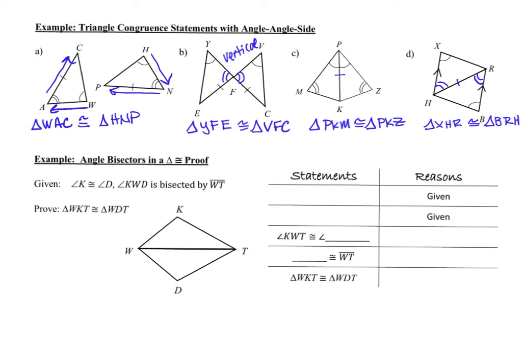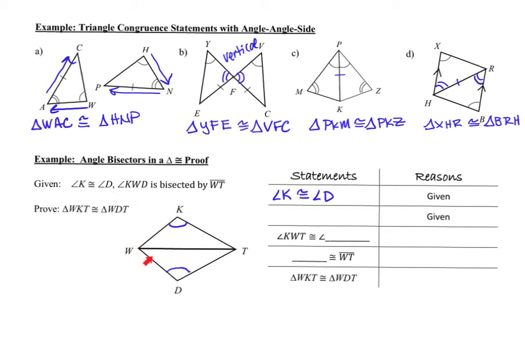So now we're going to use angle, angle, side to prove that triangle WKT is congruent to WDT. So first we're given that angle K is congruent to angle D. Next, we're given angle KWD.